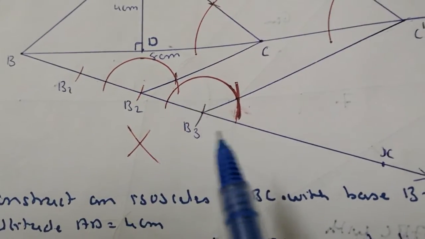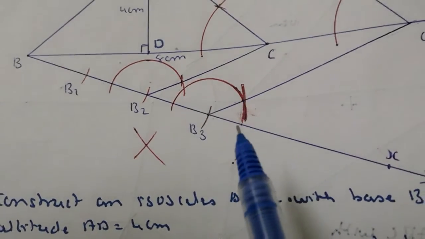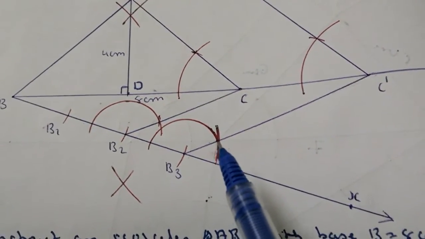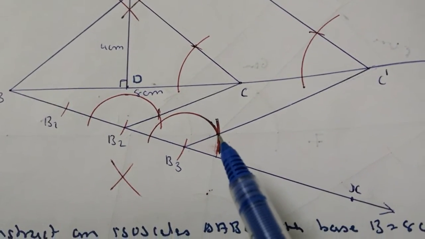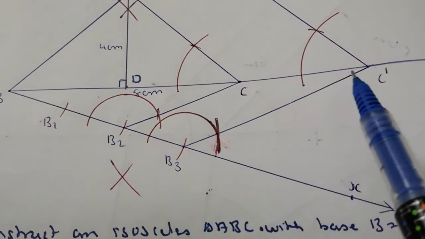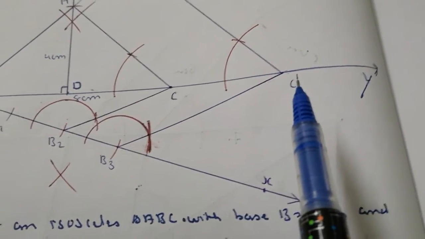With this radius and this point you are going to draw an arc intersecting the previous arc. From B3, through the point of intersection of the two arcs, you are going to draw a line segment intersecting the ray CY at point C dash.